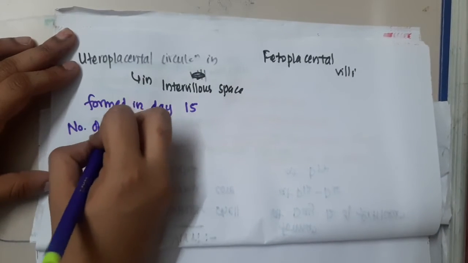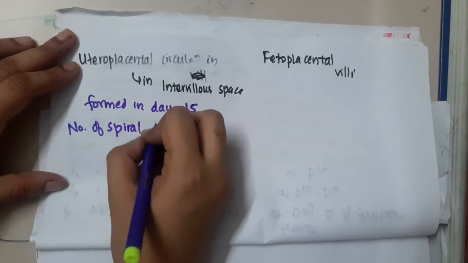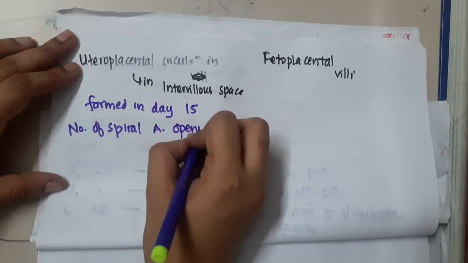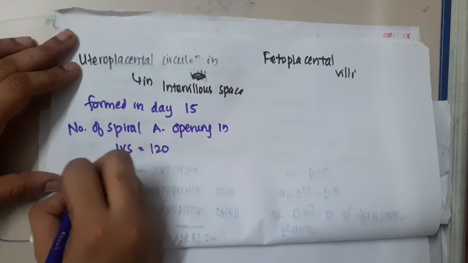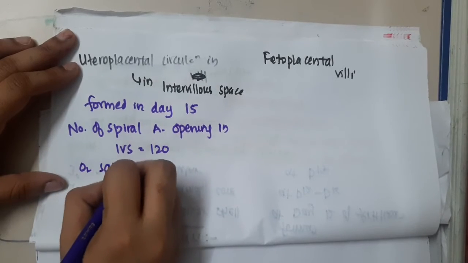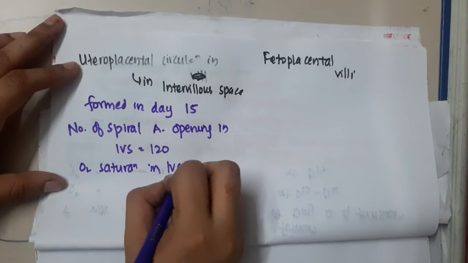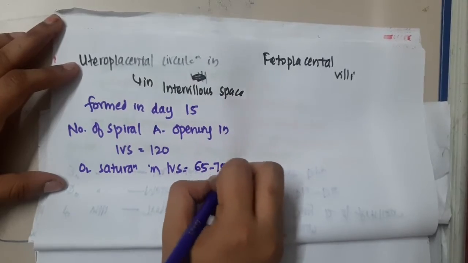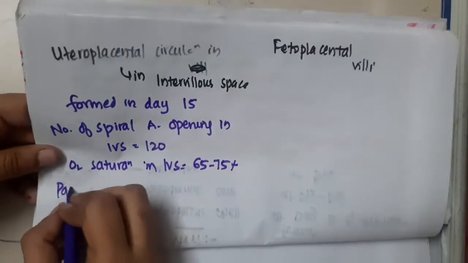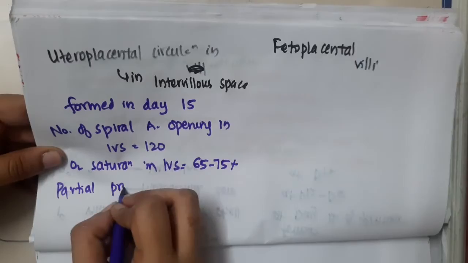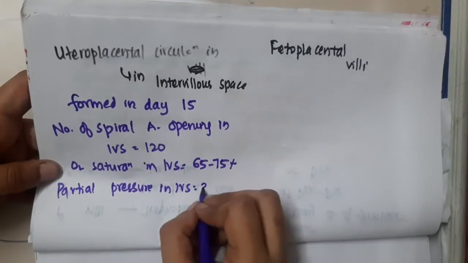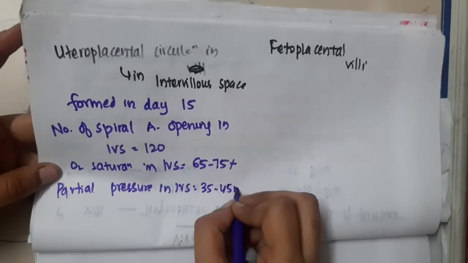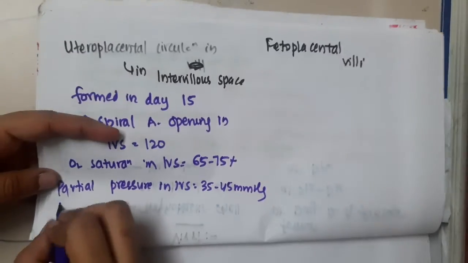The number of spiral arteries opening in the intervillous space is 120. The oxygen saturation in the intervillous space is around 65 to 75%, and the partial pressure is 35 to 45 millimeters of Hg.